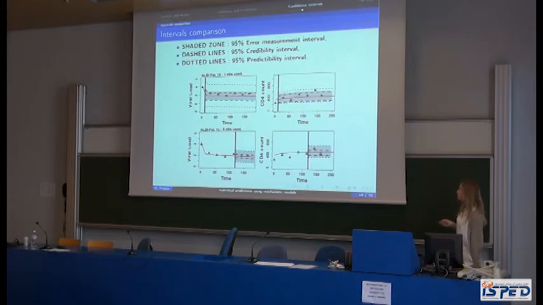And we can see that first, the predictions are better when we use more information, so that's pretty fair. But we can also see that when we have a lot of information on the patient, then the credibility interval becomes narrower and is smaller around the data, whereas the error measurement is still the same because it was estimated before on all the data and all the population.